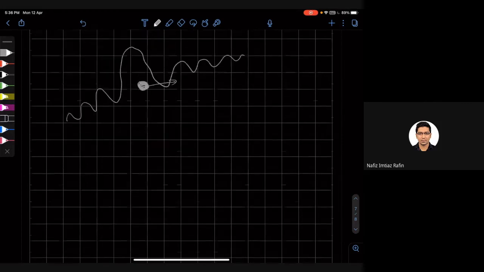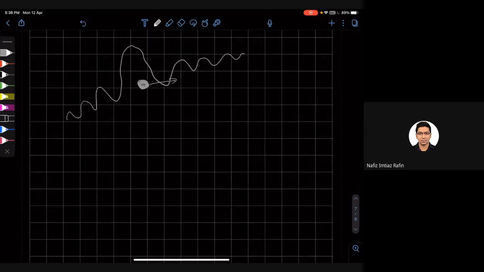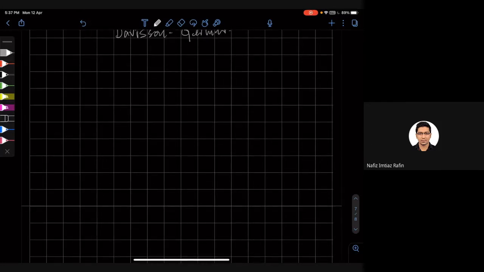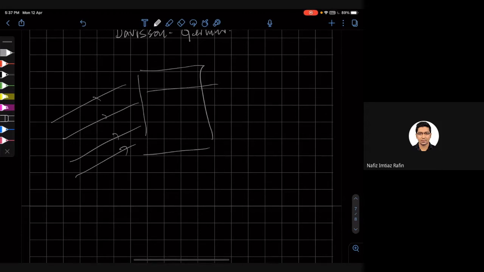And then after de Broglie had suggested this, Davisson and Germer took a neutron beam and reflected it off a lattice of atoms.